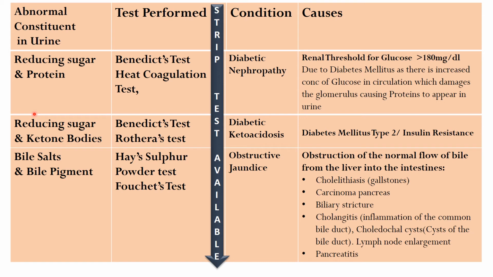Now, the second combination that we may look into is the presence of reducing sugar and ketone bodies together. When both these components are together, the tests we perform are Benedict's test for reducing sugar and Rothera's test for ketone bodies, and this is generally seen in diabetic ketoacidosis, abbreviated as DKA.